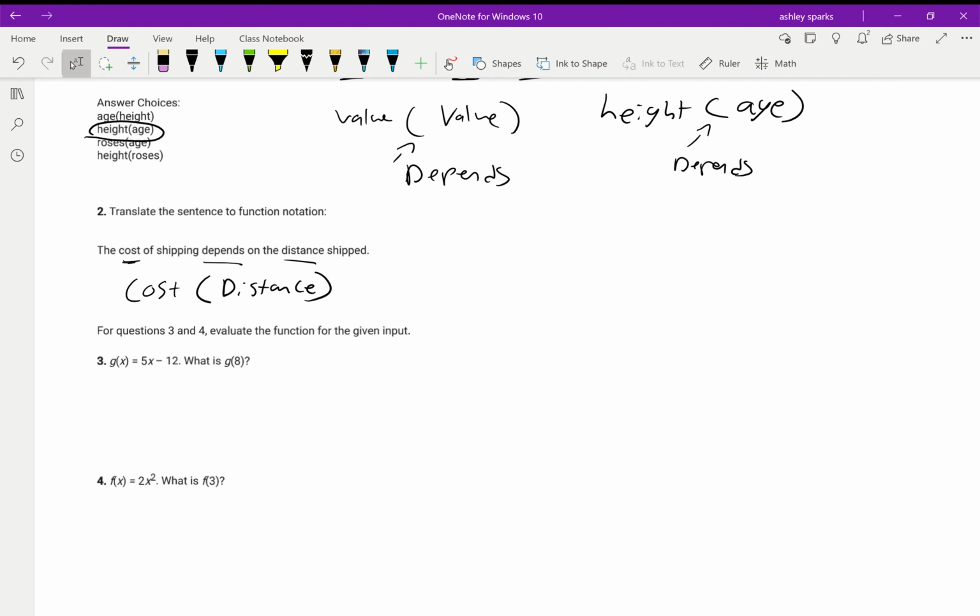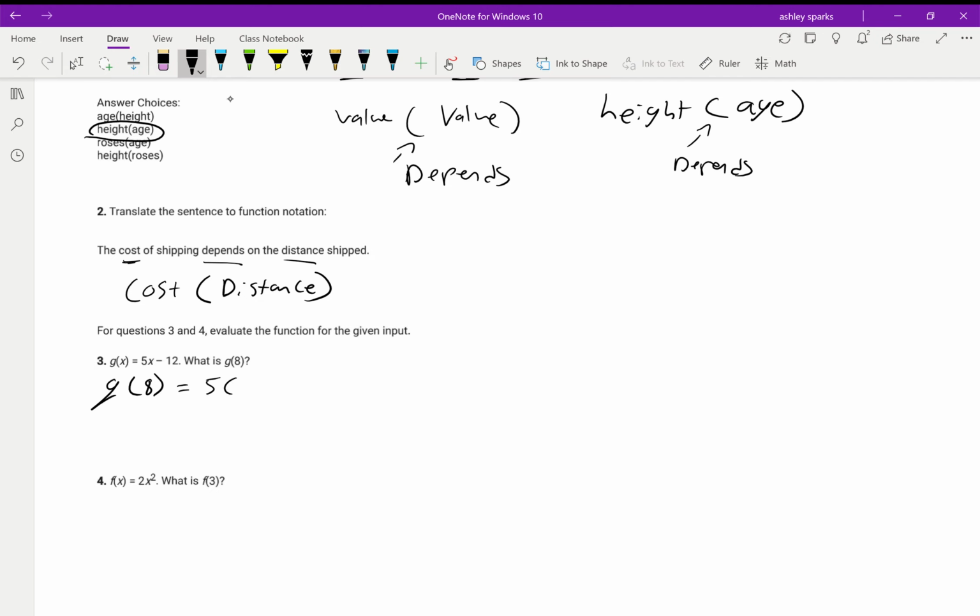So if we were to make this into our problem dealing with money. So supposedly you make $5 a week and you started off in the hole $12. How much would you have after 8 weeks? So what we do is everywhere we see x, we're just going to replace with that 8.